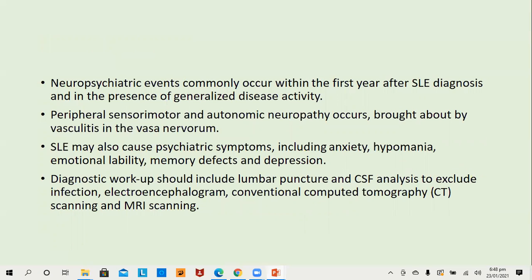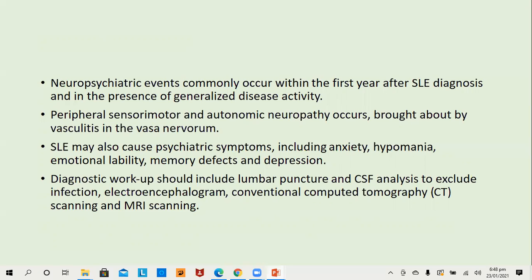Neuropsychiatric events commonly occur within the first year of diagnosis of SLE and in the presence of generalized disease activity. Peripheral sensory motor or autonomic neuropathy is brought about by vasculitis of the vasa nervosa. SLE may also cause psychiatric symptoms, including anxiety, hypomania, emotional lability, memory defect, and depression.